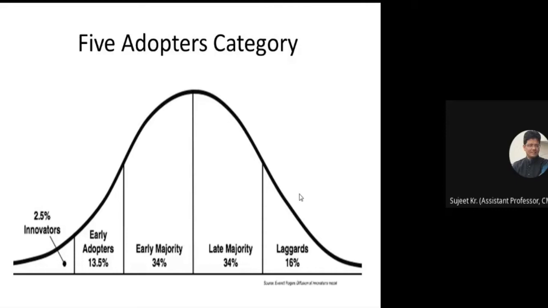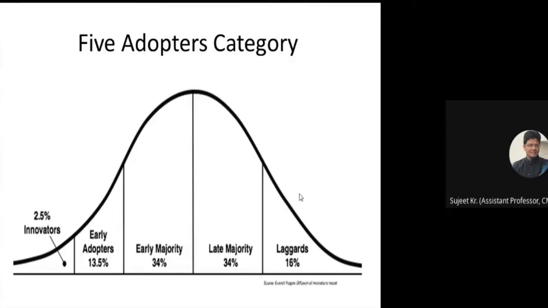The second category is early adopters. This is the result of his research actually. It is not meant to be applied to every society. So if you apply this theory in your own setting, this percentage may vary.